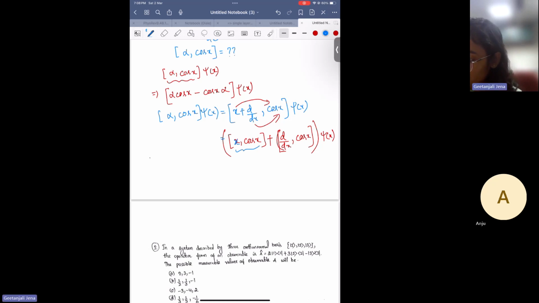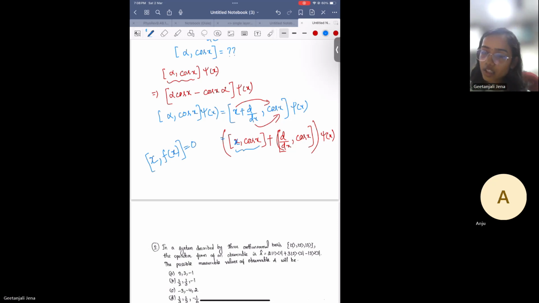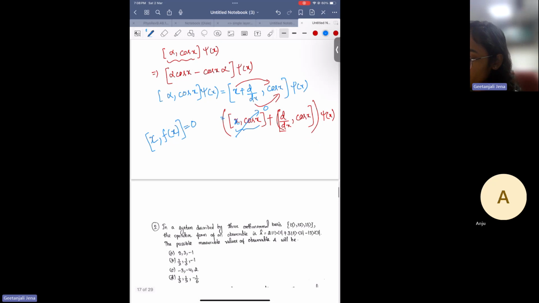If an operator is given and another function of the same operator is given, then the commutator is 0. So the first term is 0, and what you are left with is the second term, d by dx cos x commutator on psi of x.